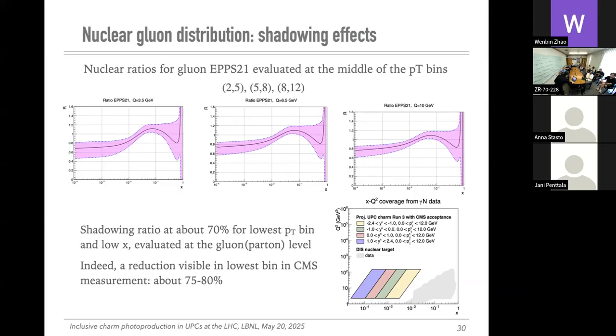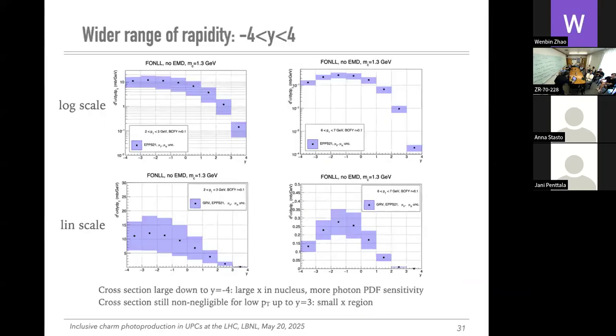And now I will show, before that, we looked at a wider range of rapidity, -4 to 4, 2 to 3, 6 to 7, to see how big the cross section is. Of course, here it gets killed by the flux, but I don't know, maybe one can still measure something at 2.5 somewhere.